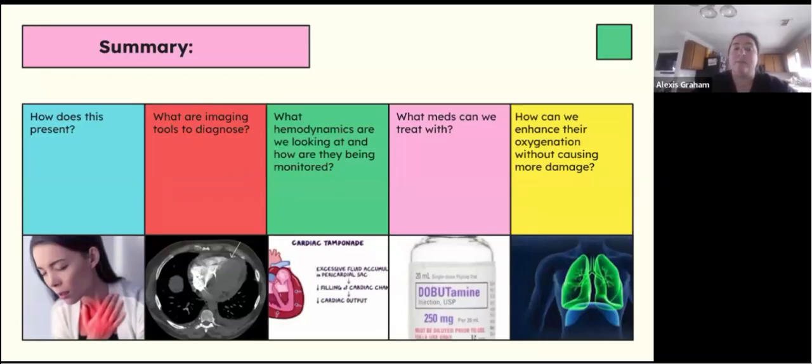And then the hemodynamics that we're going to be looking at are the low cardiac output, elevated CVP, and the elevated PCWP, depending on the severity. You're also going to want to be looking at the elevated right atrial pressure because this is most important in cardiac tamponade. And then with the medications, you can use the dobutamine, the beta-1 receptor agents, and IV fluids and vasopressors.